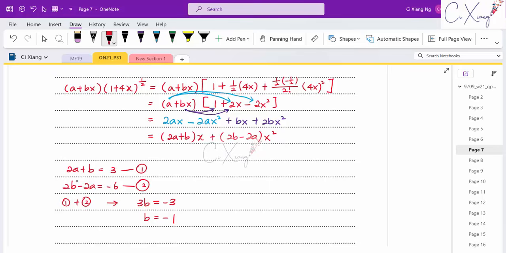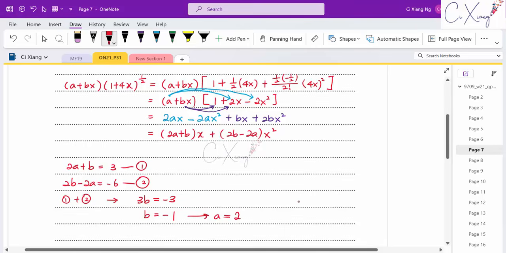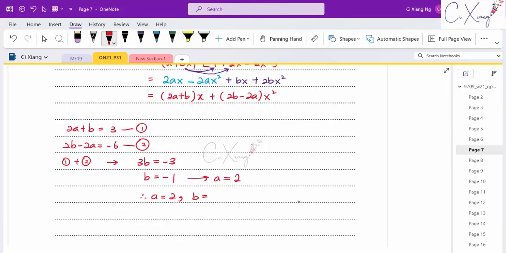If b equals negative 1, then very easily, by substituting b equals negative 1 into either the first or second equation, you'll get the value of a. If you didn't make any careless mistake, your value for a should be 2. Usually I prefer to rewrite my answer again. So a equals 2, and b equals negative 1. So this is how we solve question number 6.